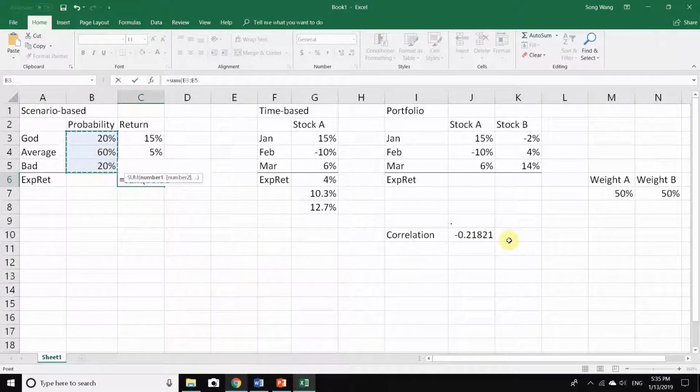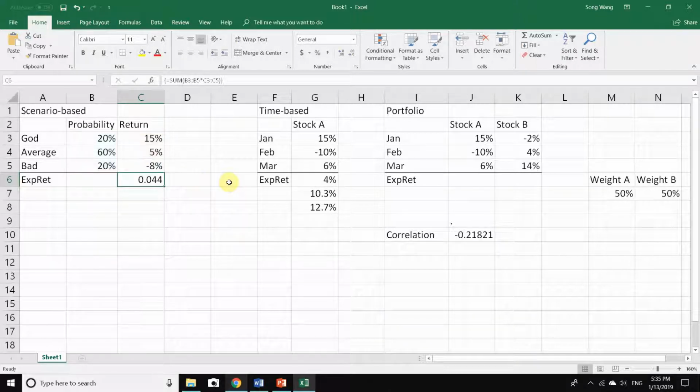You circle all the probabilities and then you circle all the returns. Make sure you connect them with this multiplication sign. And if you want to finish, you hit Control-Shift-Enter. Do not just hit Enter, hit Control-Shift-Enter because this calculation involves vectors of numbers. Okay, so that is your answer for expected return.